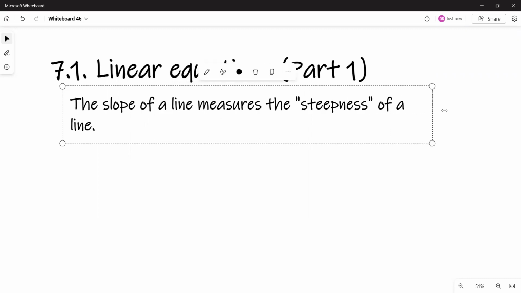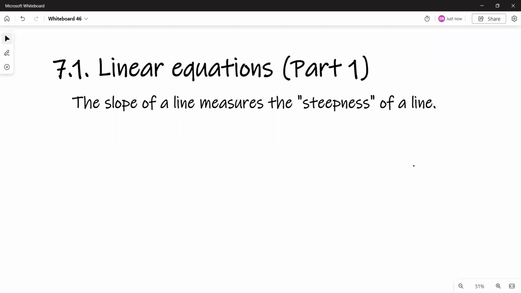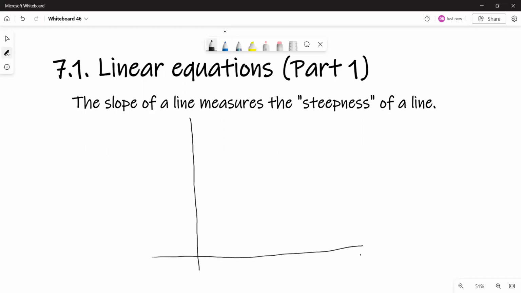Okay, so let's suppose we have a straight line on the coordinate system. That straight line passes through 2 points.